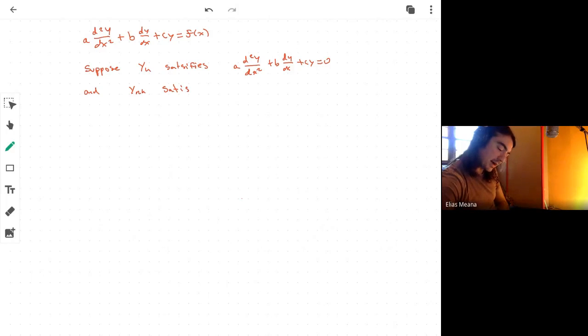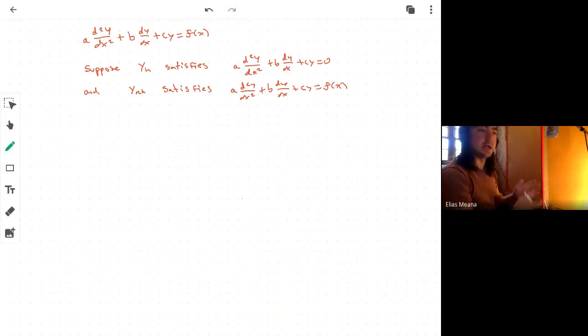Satisfies. There we go. And satisfies the differential equation, but with f of x, right? So one of them satisfies it equal to 0. The other one satisfies it equal to f of x.